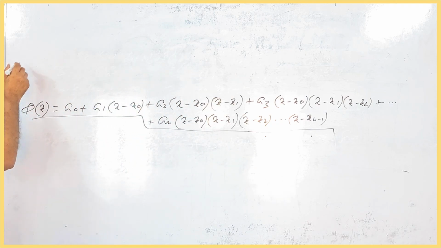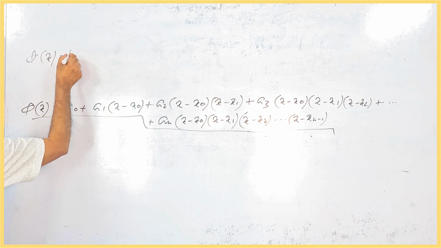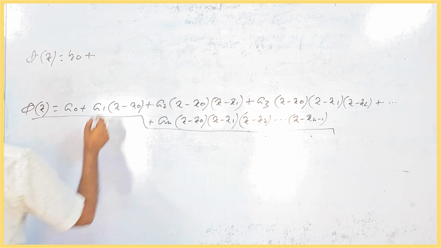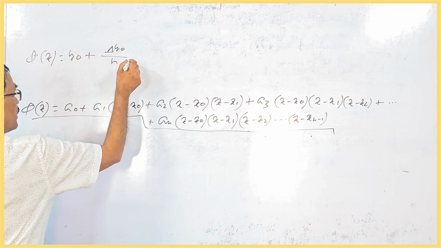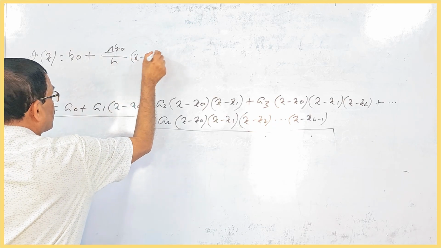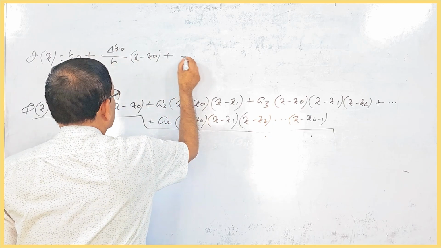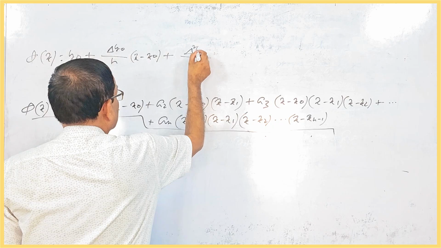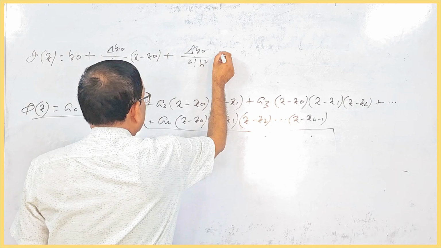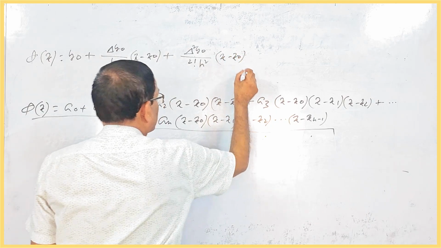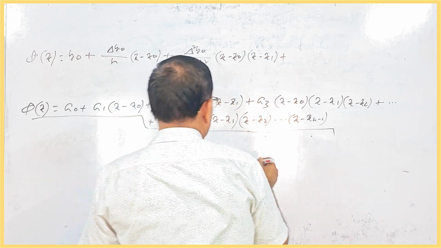So then I am getting phi x is equal to A0, which means y naught, plus A1, which means delta y naught divided by h, times x minus x naught, plus A2, which is delta square y naught by 2 factorial h square, times x minus x naught, x minus x1, plus, now I am putting the value of A3.